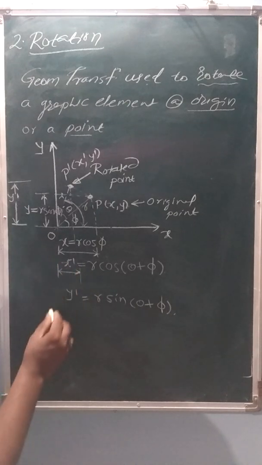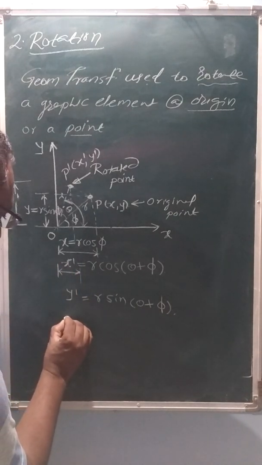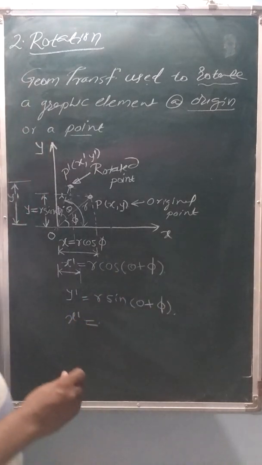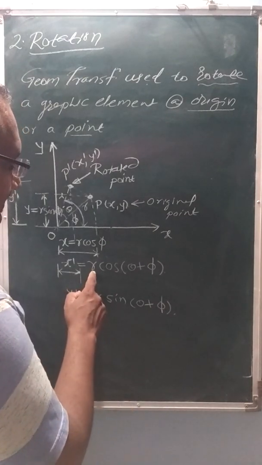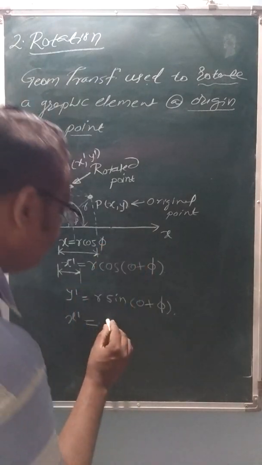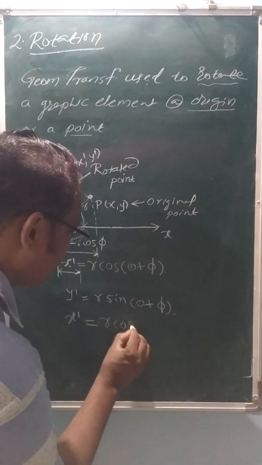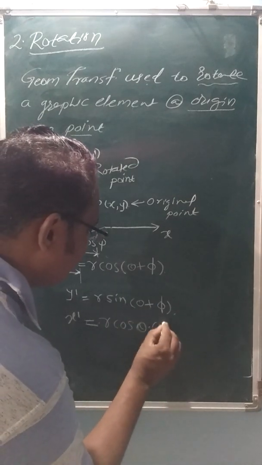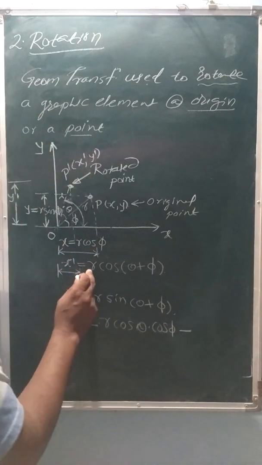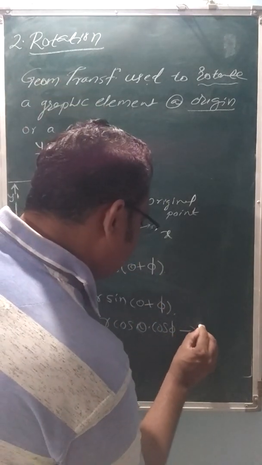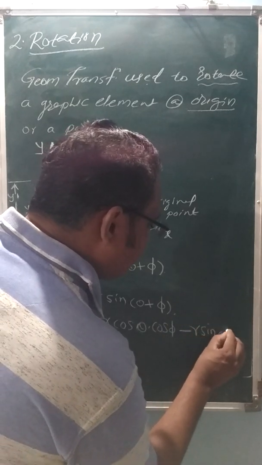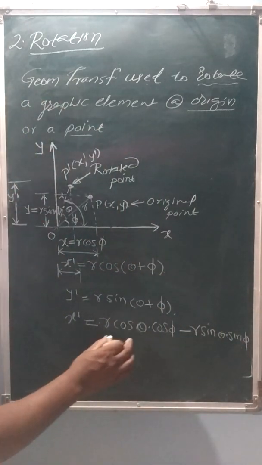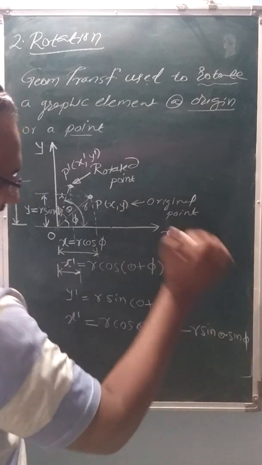So x dash we can write using the addition angle formulae, which we know. For cos of theta plus phi, we can write r cos theta cos phi minus r sin theta sin phi. Okay, so cos theta cos phi minus sin theta sin phi.